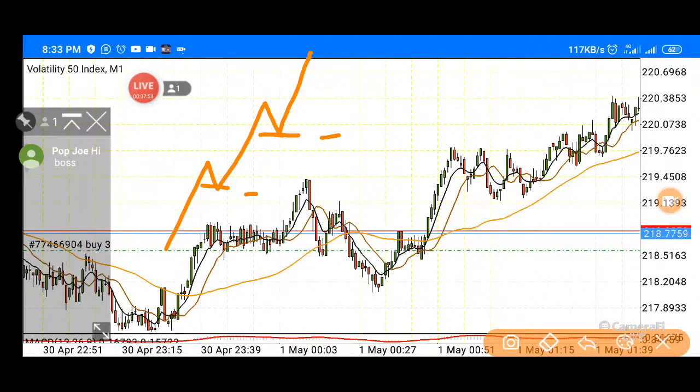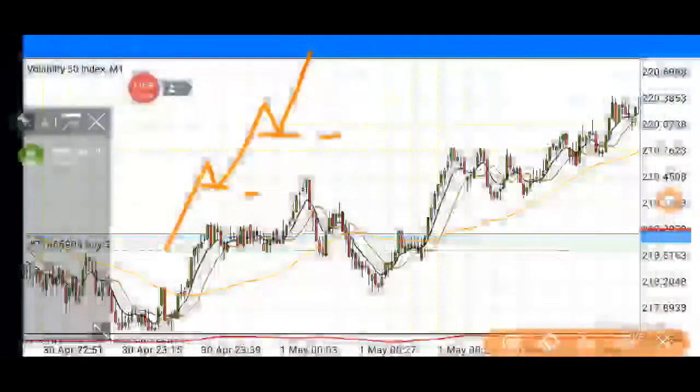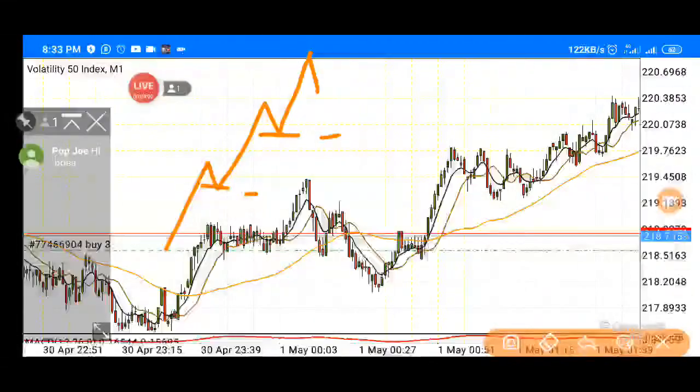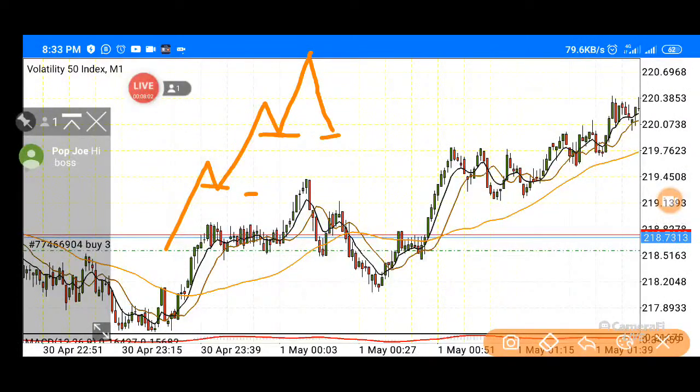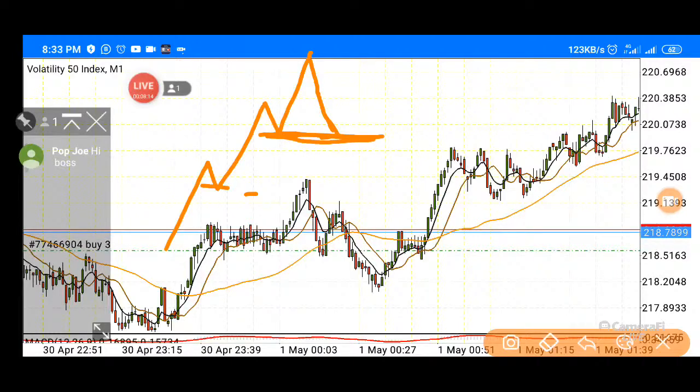So whenever the market comes down again to this last support, to the previous support, know that head and shoulders is likely to form.